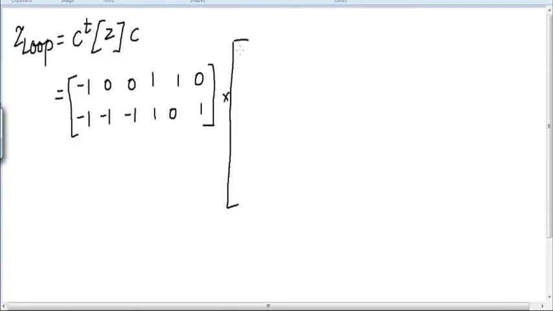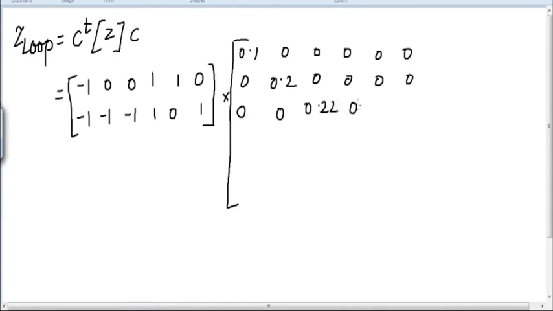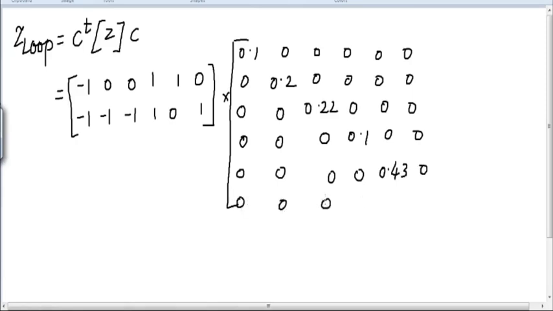Z matrix we have written just now. So I will just copy it from there. 0.1, 0, 0, 0, 0, 0. Then 0, 0.2, 0, 0, 0, 0, then 0, 0, 0.22, 0, 0, 0, then 0, 0, 0, 0.1, 0, 0, then 0, 0, 0, 0, 0.43, 0, and the last is 0, 0, 0, 0, 0, 0.3.